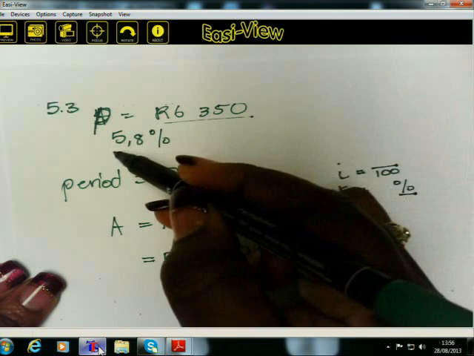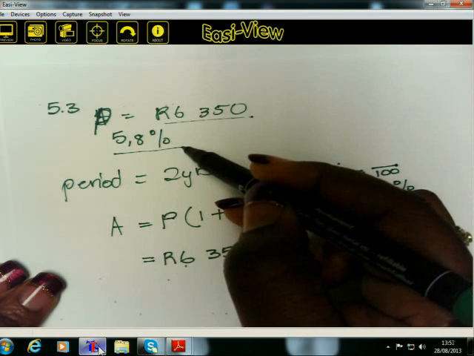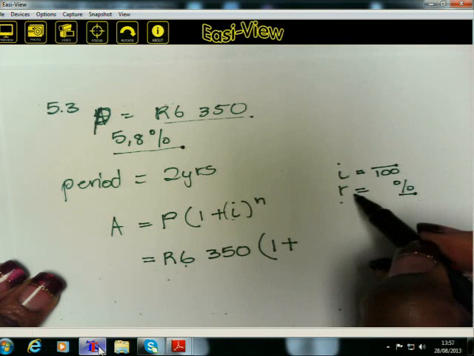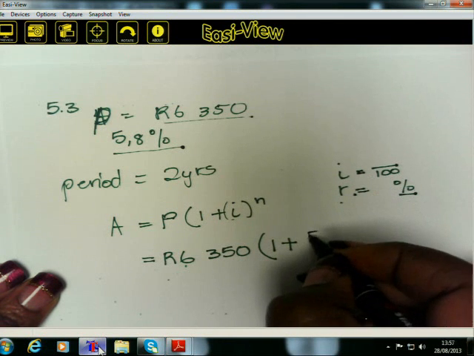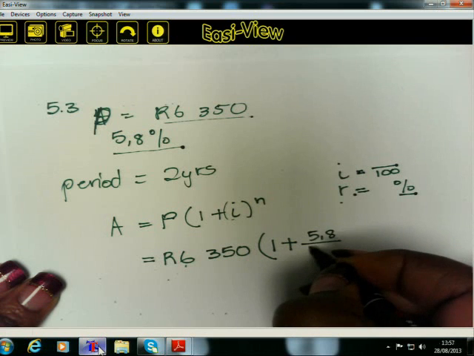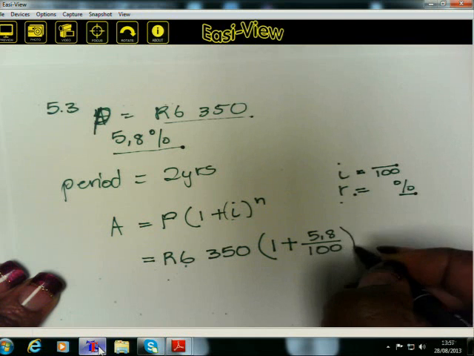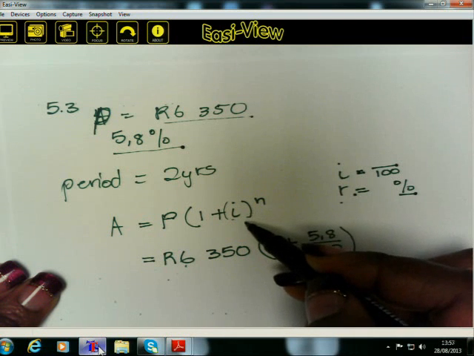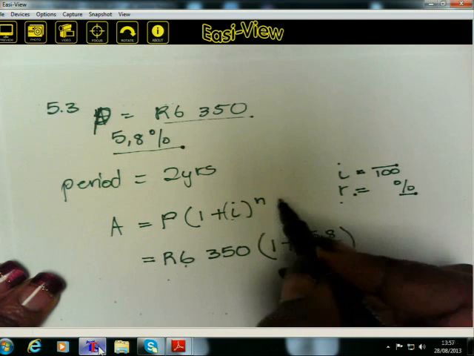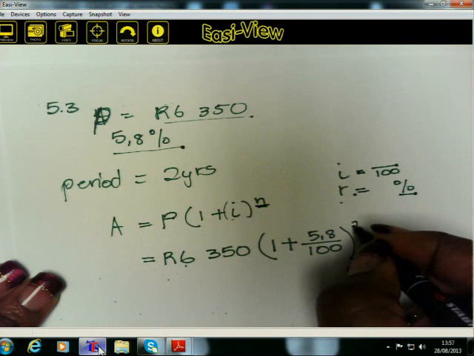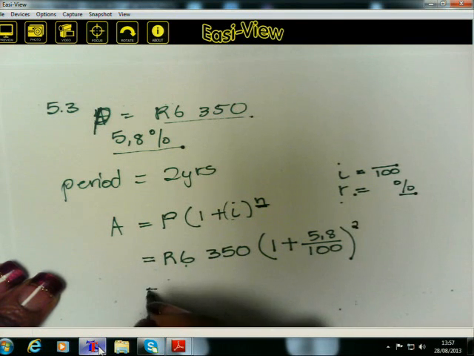Because our interest rate is 5.8%, we are now going to change it from r to i so that it is 5.8 divided by 100. We are now getting rid of the percentage sign. We close our bracket because the formula requires us to close. And what was the period? It is 2 years, which is our n value, so we substitute there with a 2.